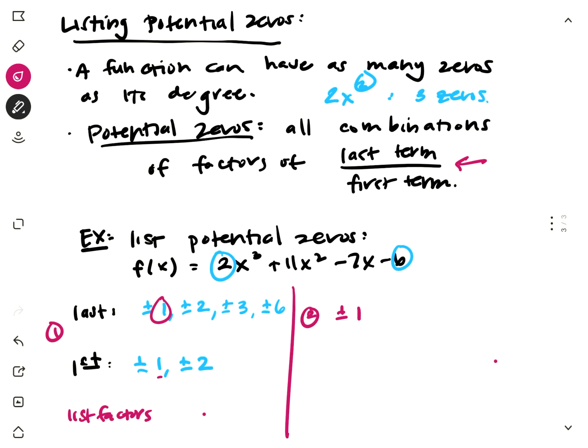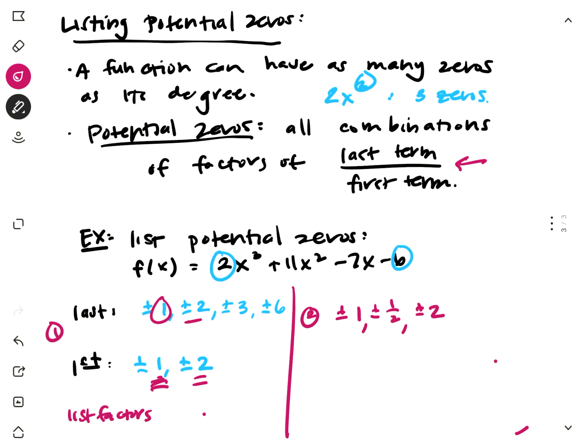Positive and negative 1 divided by 2. So that would be a half. Okay, so we're going to go 1 by 1 for the last, divided by both things for the first. So then we have 2 now divided by 1, which is 2. And then we have 2 divided by 2, which is 1. But we already have 1 listed, so we don't have to list it again. Right? We don't want to be redundant with that.